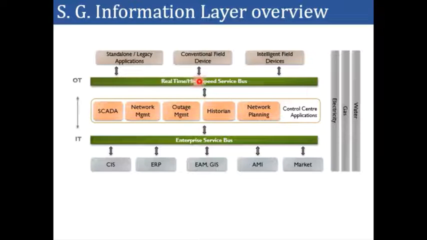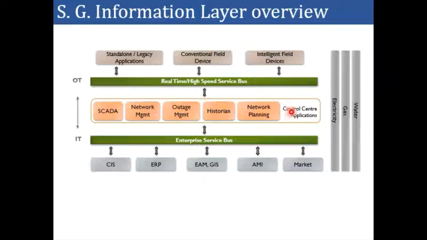At the control center, you will have a real-time high-speed service bus. That is basically the local area network which will communicate data at a very fast rate. So this data will be shared by various operational technology applications such as SCADA, network management, outage management, historian, or maybe planning applications.